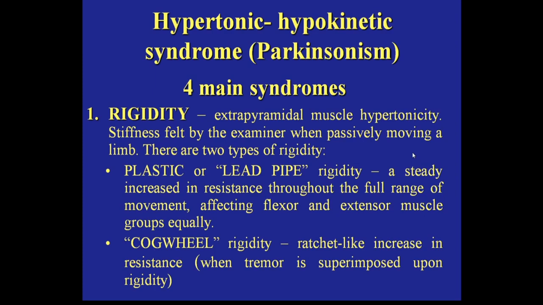When we check the muscle tone, we have the clasp knife phenomenon, when we feel resistance only at the beginning of every movement, with unequal distribution of muscle hypertonicity, more evident in arm flexors and in leg extensors.